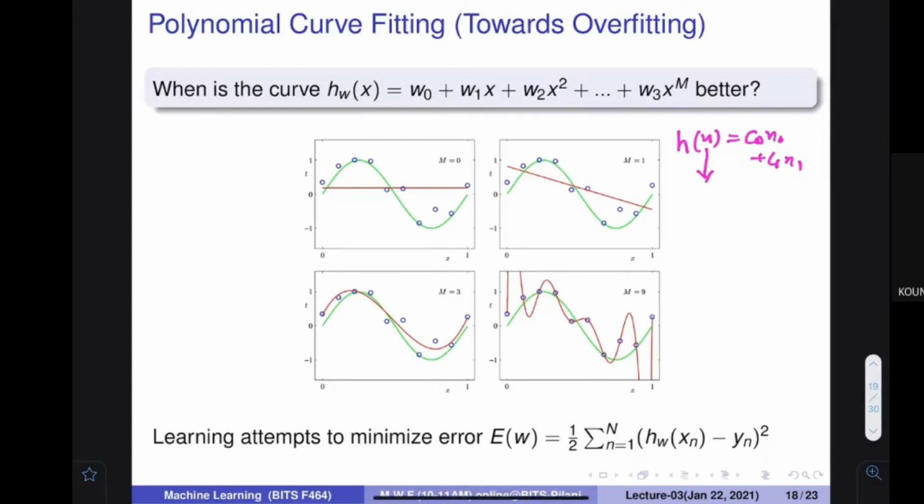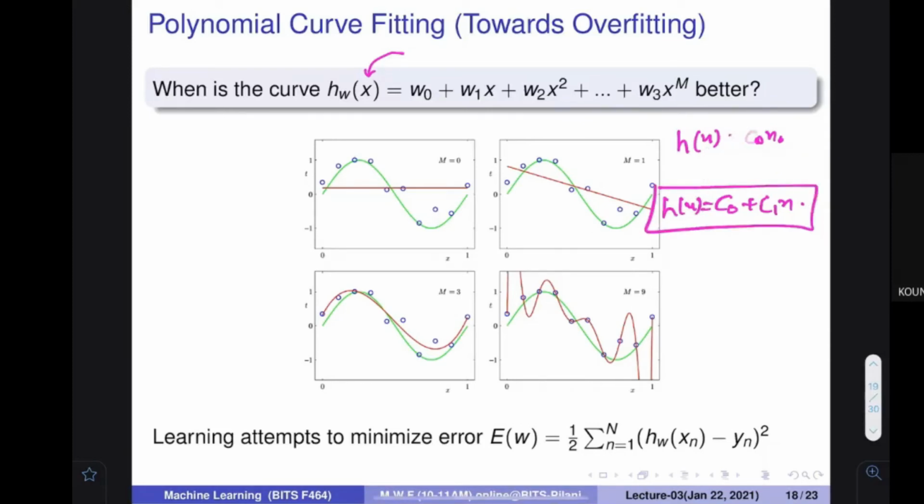So one constant you can take, c0 plus c1x. This is my hypothesis function, and now I want to discover these two parameters.